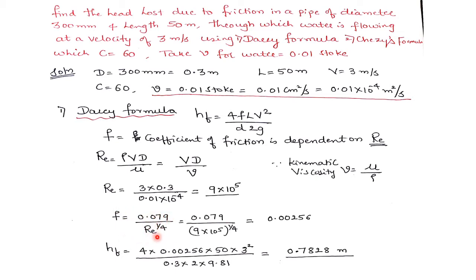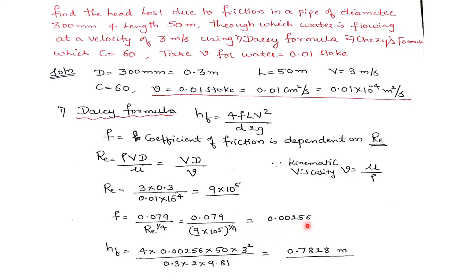0.079 divided by Reynolds number to the power 1 by 4. If this is less than 2000, then we would have used another formula. So here Reynolds number is greater than 4000, that means the flow is turbulent flow, so we are using this formula. Friction coefficient is given by 0.079 divided by Reynolds number to the power 1 by 4.